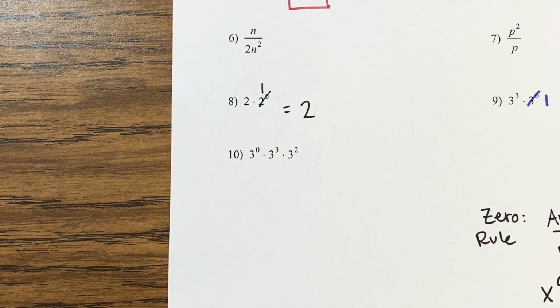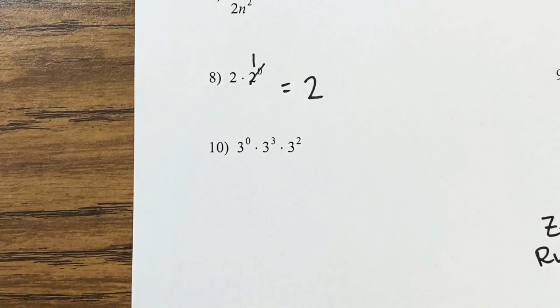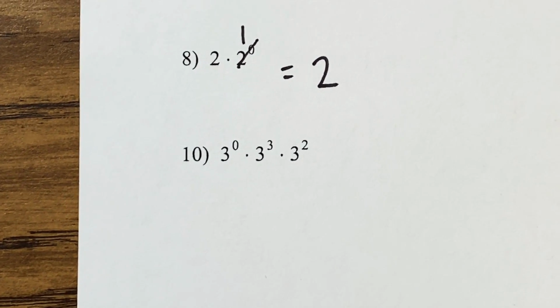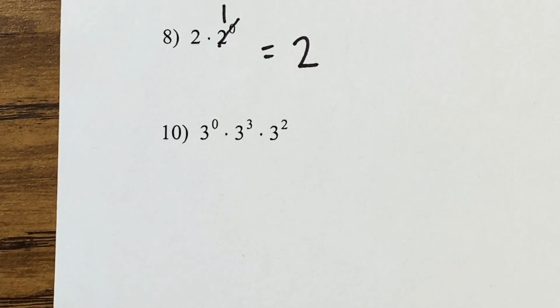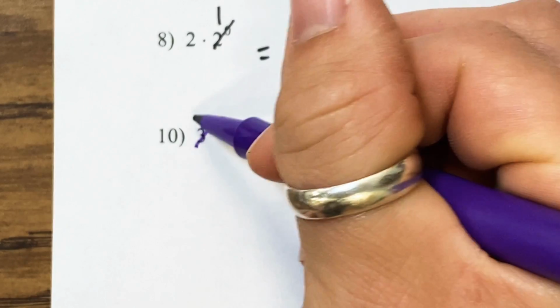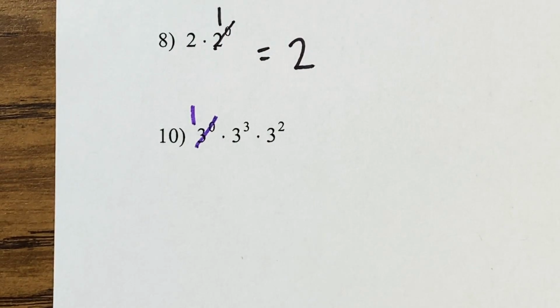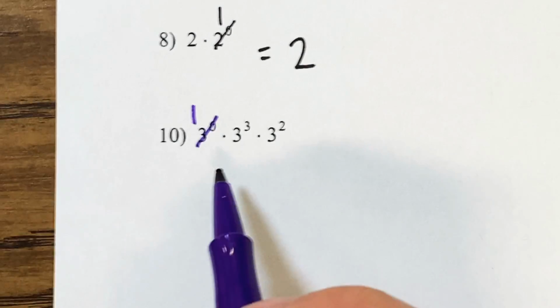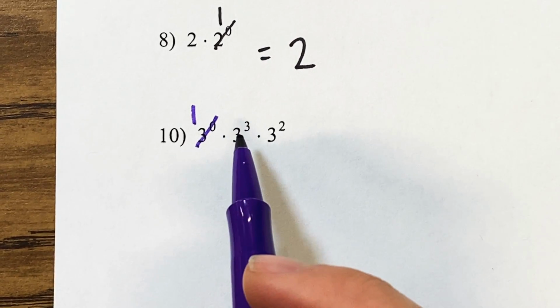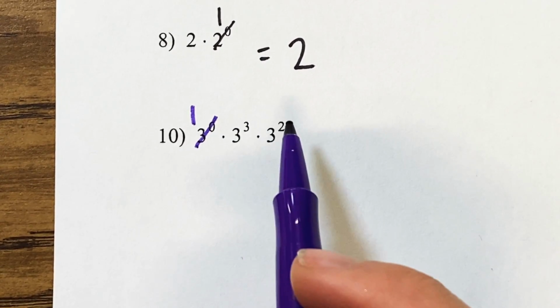Last one. I'll zoom in a little bit. Where can I replace something to the power of 0 with a 1? Nice job. I see 3 to the power of 0. So I'm going to replace that with a 1. Ooh, but now you're going to say, well, wait. I can't just say it's 3 cubed because I also have this 3 squared.